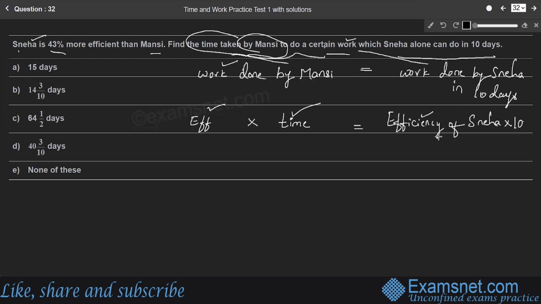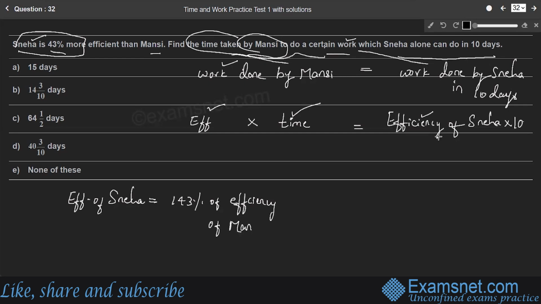It is given that Sneha is 43% more efficient than Mansi. Right? Therefore, we can write the efficiency of Sneha is equal to 143% of the efficiency of Mansi. Because Sneha is 43% more.